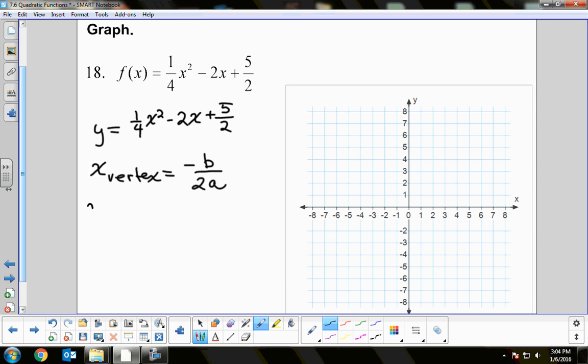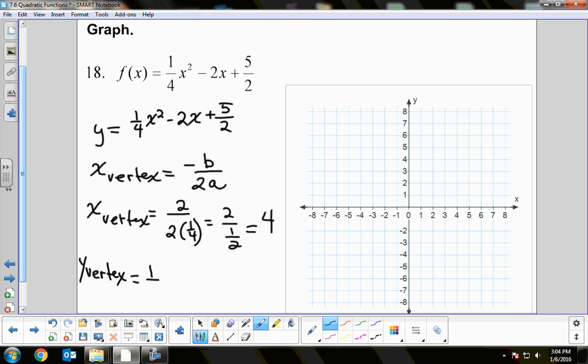Substituting in, x vertex is 2 over 2 times 1/4, which is 2 over 1/2, which is 4. Now to find the y of the vertex, I plug 4 in to the original, I plug 4 in for x over here.